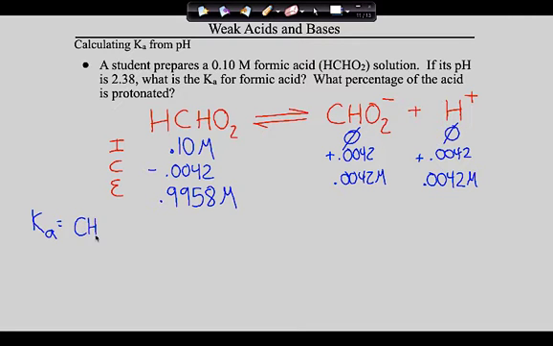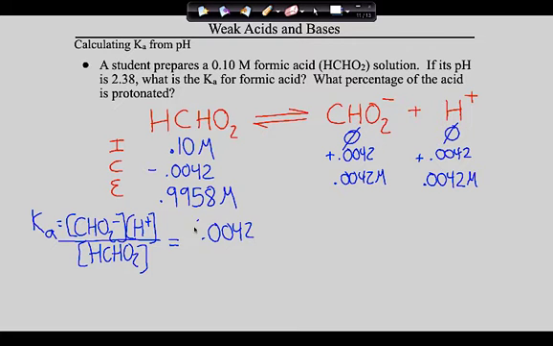So it would be CHO2 minus, hydrogen plus, and HCHO2 like so. And now we know all of these. 0.0042 molar squared divided by 0.9958 molar is equal to, yeah.